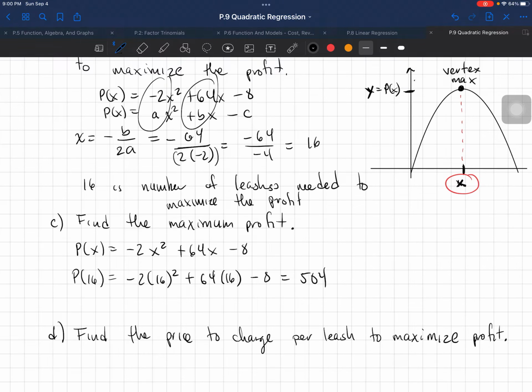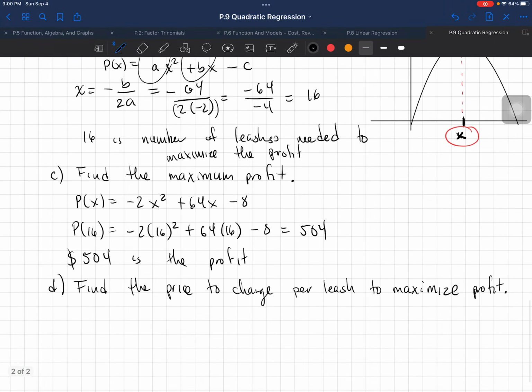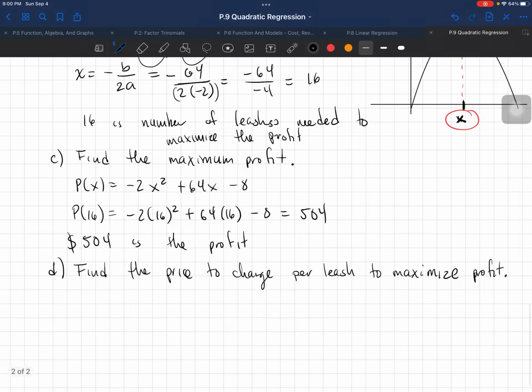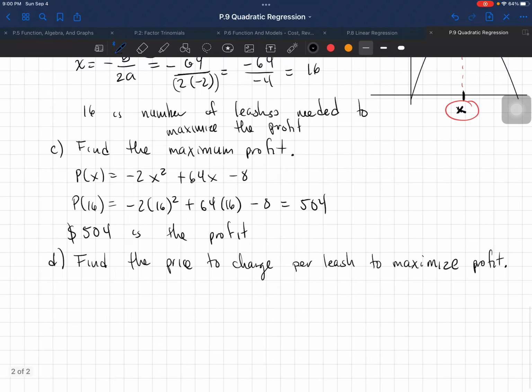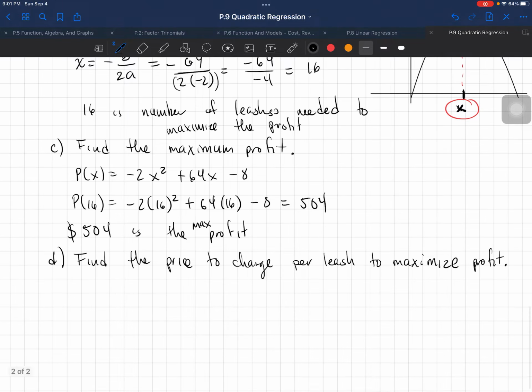Well, the profit is money. So $504 is the profit of selling this number of dishes, and that's actually the maximum profit.